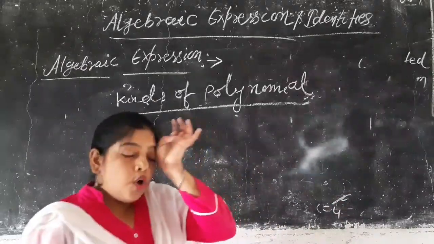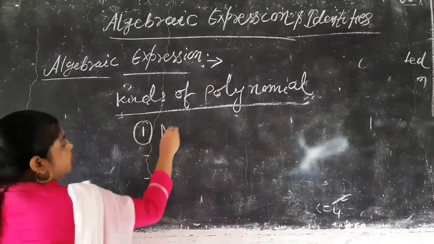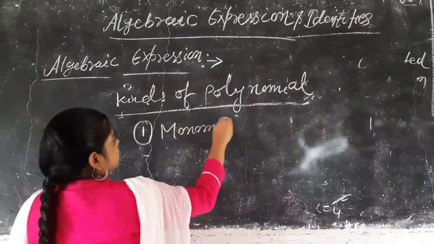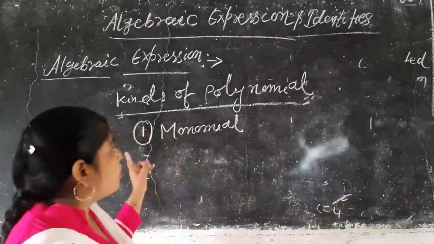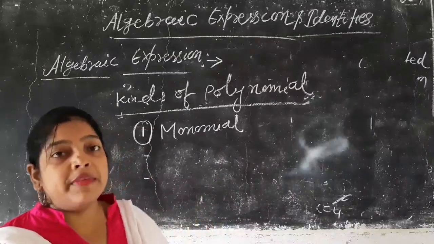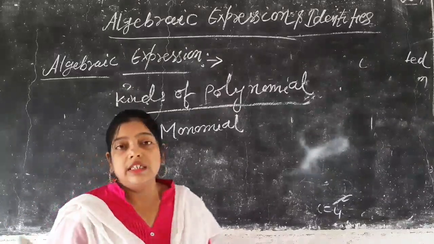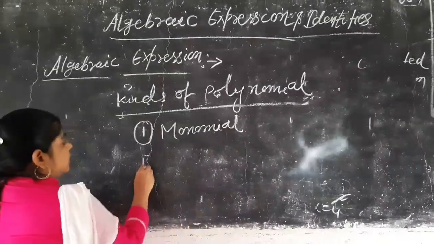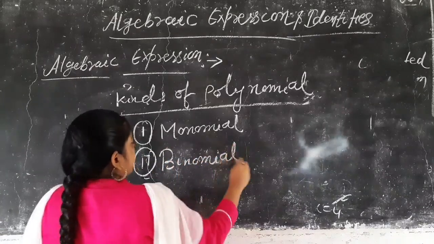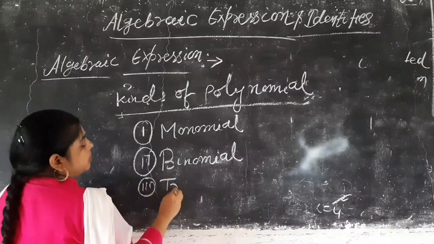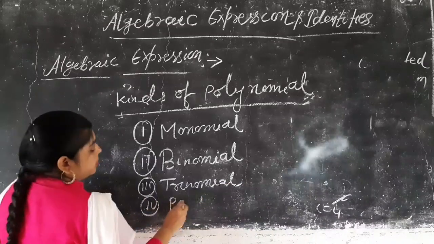You know that the prefix mono means one term, so a monomial is defined as a single term. Second, binomial, third is trinomial, and fourth is polynomial.